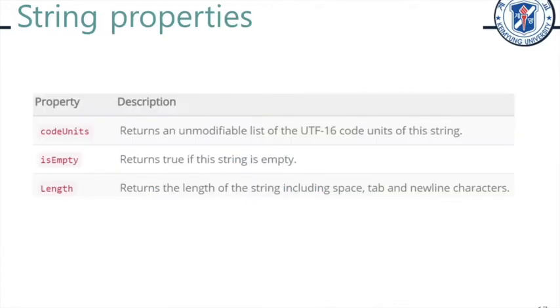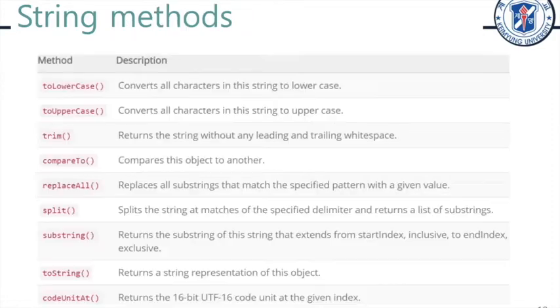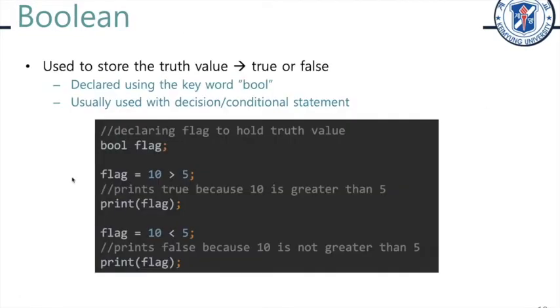There are also some properties and methods associated with strings. For instance, you can change all the letters in the string to lowercase or uppercase, and you can trim, which means you can remove some characters from the string. You can compare two strings, and you can convert an integer, a double, or other variables into strings using these methods.